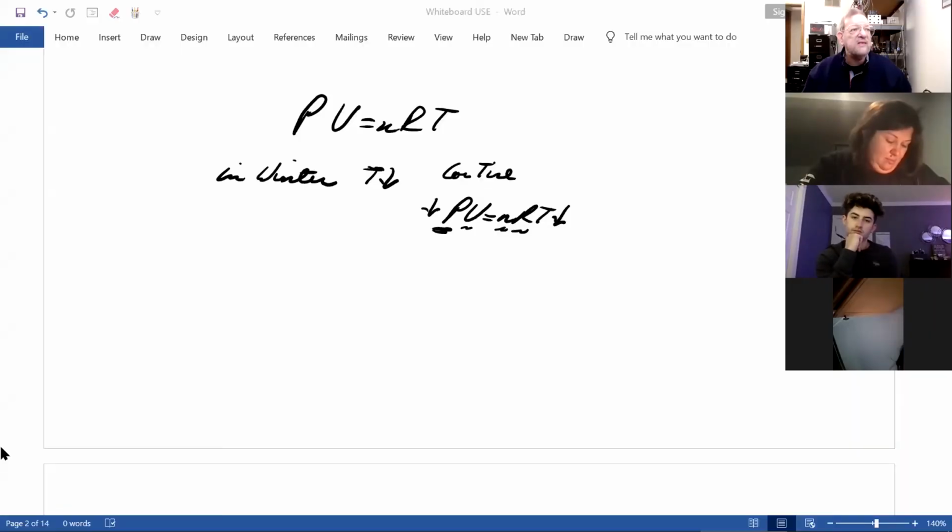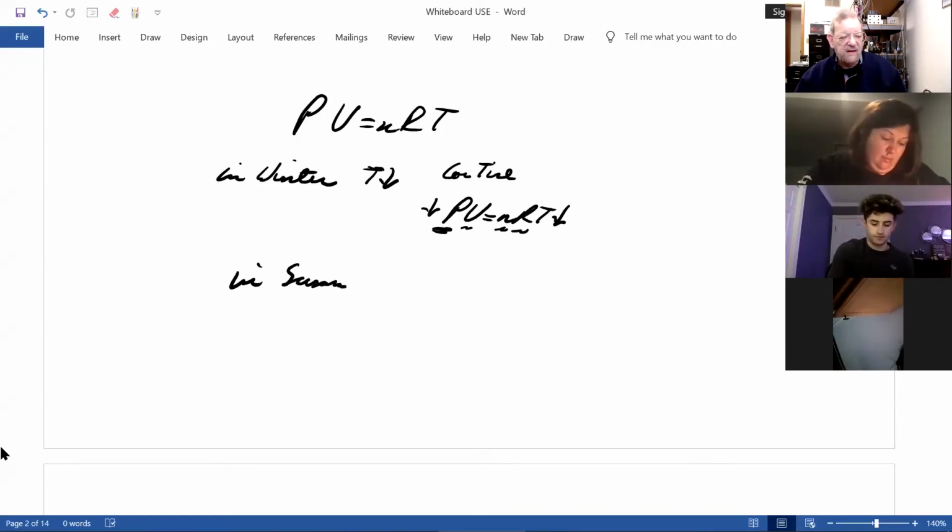Now, in the summer, it gets hot, temperature goes up, and your car tires, which have gas, air, or nitrogen, I use air, I don't spend the extra money to have a dealership put nitrogen in there.